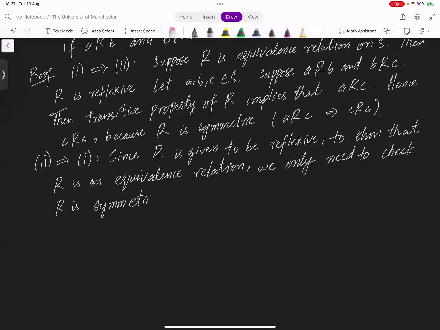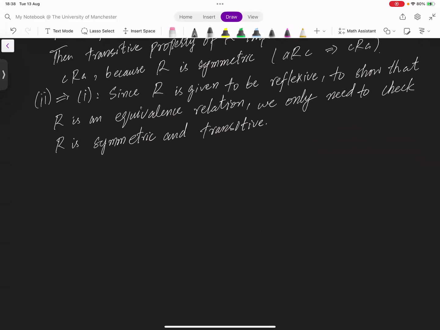We only need to check R is symmetric and transitive. For symmetry, suppose a is R related to b.